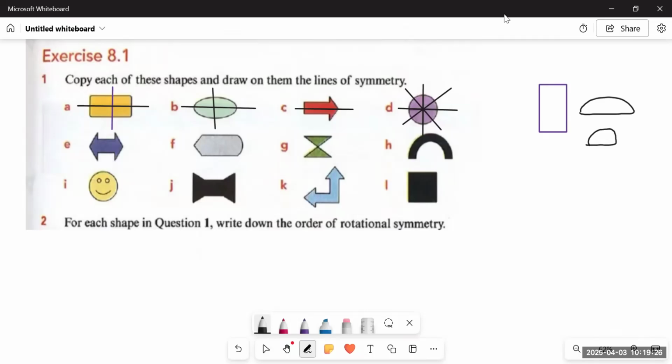But since we already have two lines of symmetry in this, we cannot draw unlimited lines of symmetry.